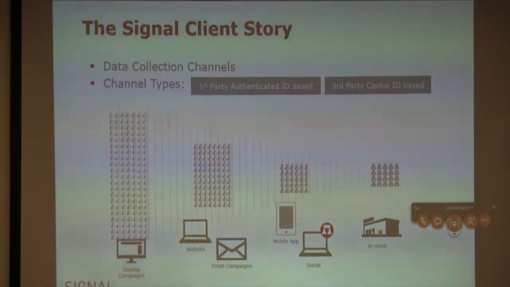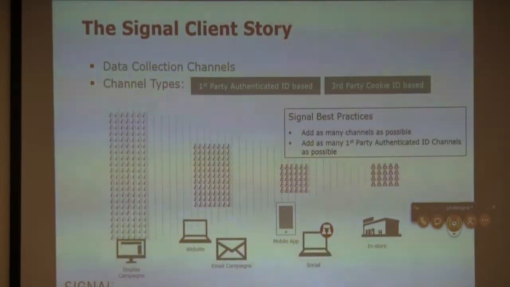The strength of that engagement, of that data, is going to differ by channel that a client is leveraging. So best practice, no matter what, is to always encourage clients to add as many channels as possible, because that builds up their data set. But we also try to help clients add as many first-party authentication channels as possible. When we talk about first-party authentication, I'm on Northspeaker's website, logging in with my email.